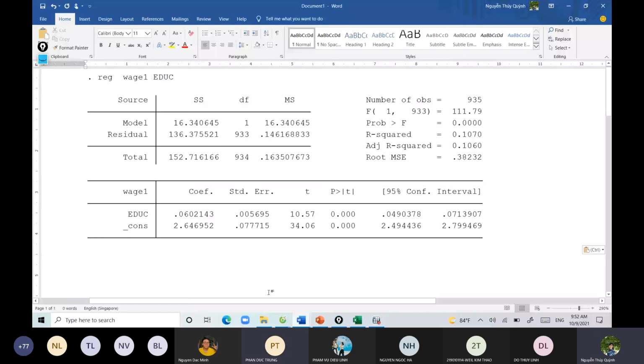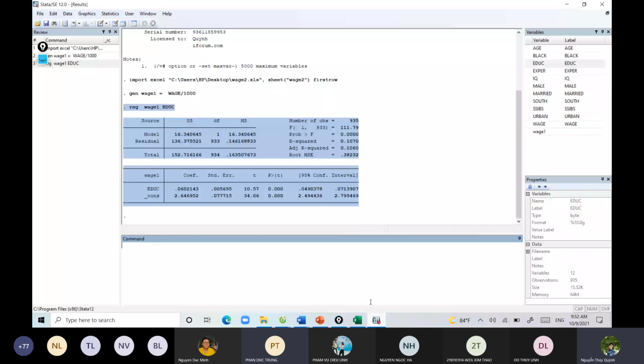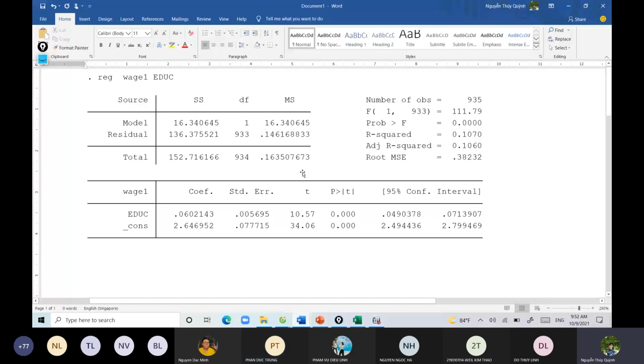Question 6, the estimated value of the variance of the disturbance is the residuals, 146,168.836. What is the question here?